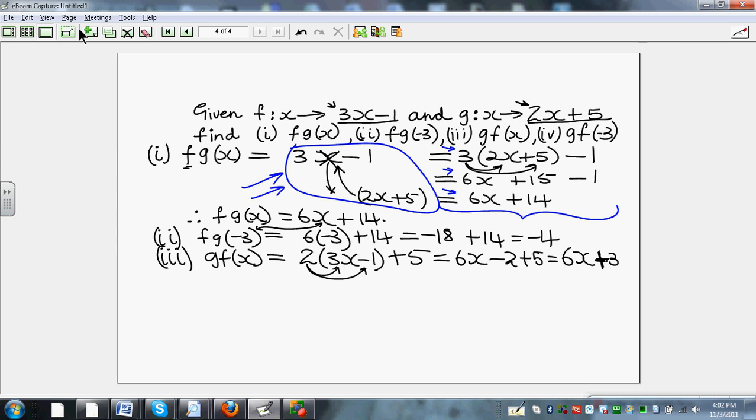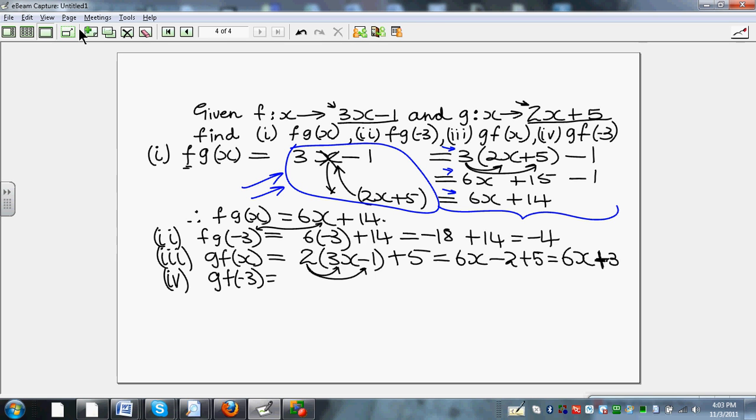Okay, and part 4 required us to find gf of minus 3. So if we have to find gf of minus 3, all we have to do is replace the x in gf of x by minus 3.